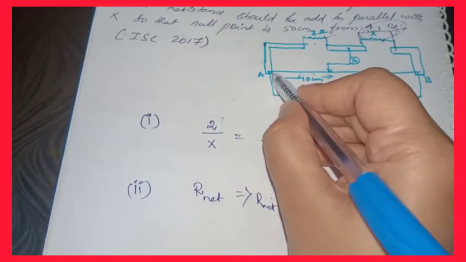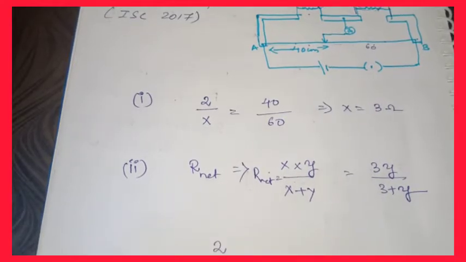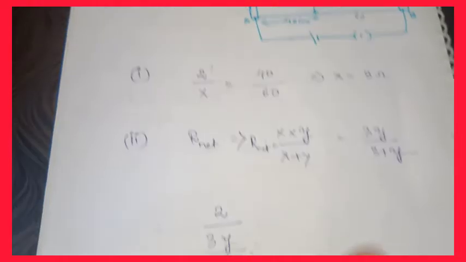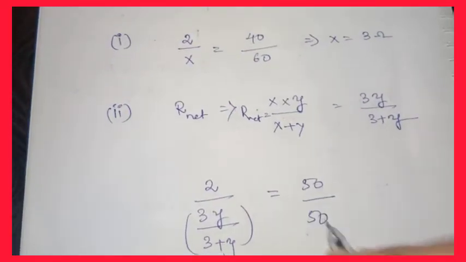So this ratio of the wire will be 50:50. So we'll take 2 by 3Y by 3 plus Y is equal to 50 by 50.